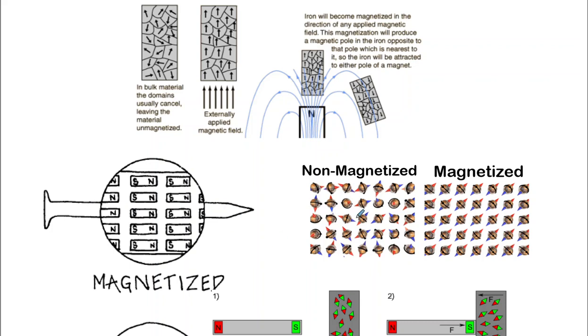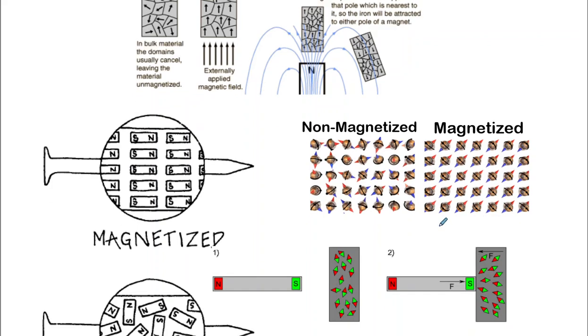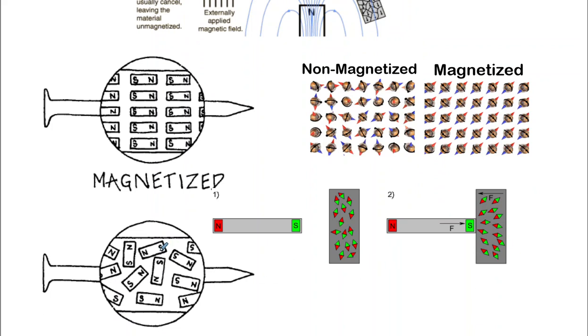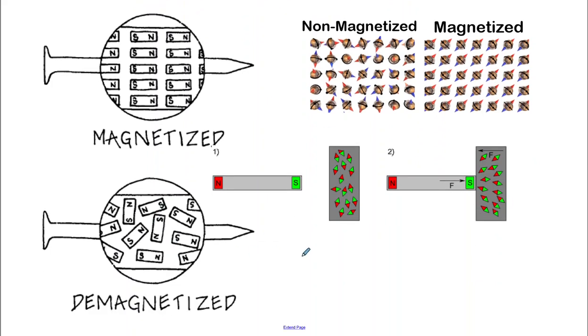Here is the random spin of each of those domains and atoms, and now they've magnetized, so they're all pointing in the same direction, hence a magnet. That's what's happening in each of these pictures: when domains align, an object that was not a magnet can act like a magnet.